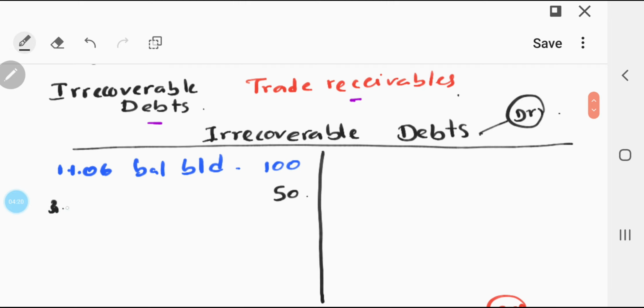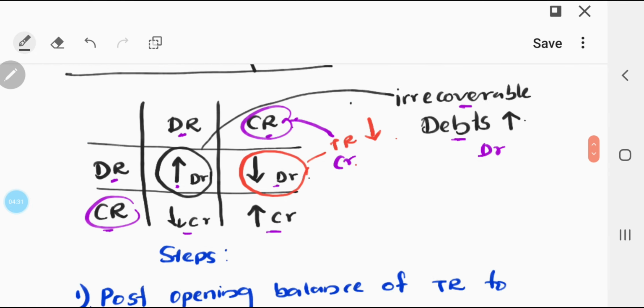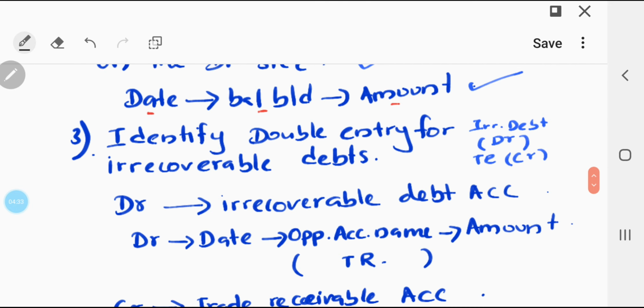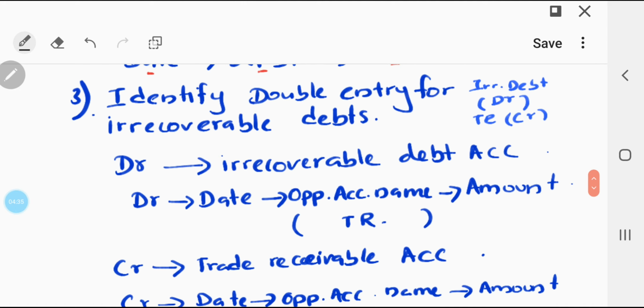Sequence: end of year date, opposite account's name, which is trade receivables. Now you're done with a section of step 3.